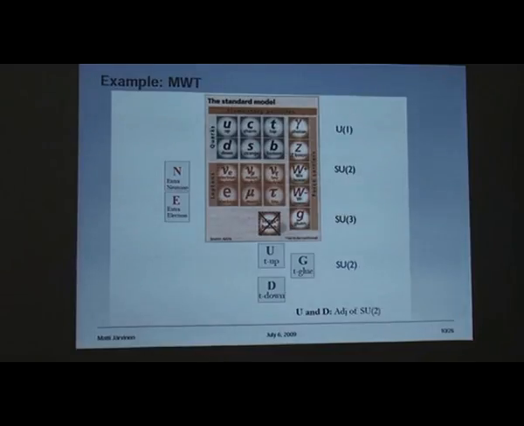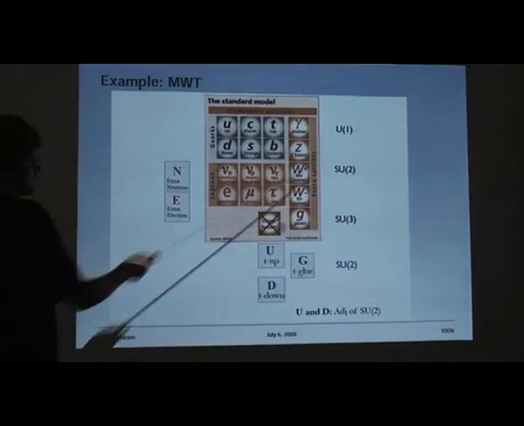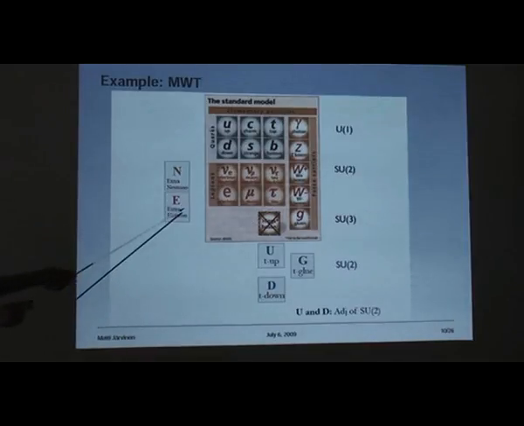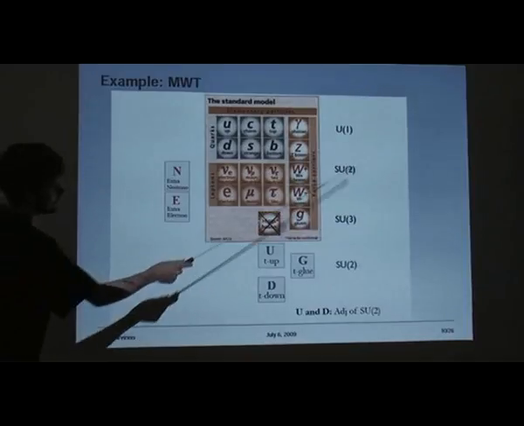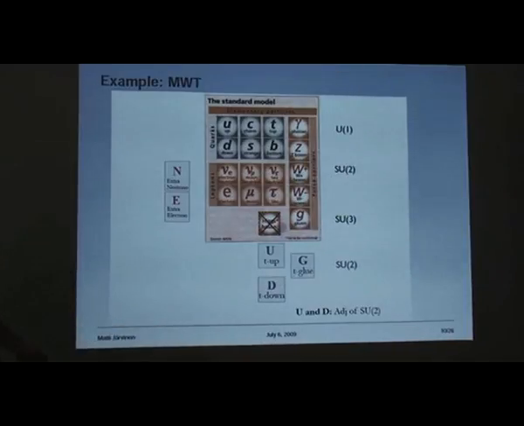So these new fermions are charged under SU2, under the electroweak only. But the new quarks, yeah, these are charged under SU2 and U1, but not SU3.